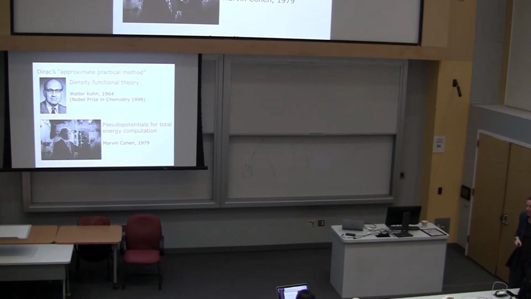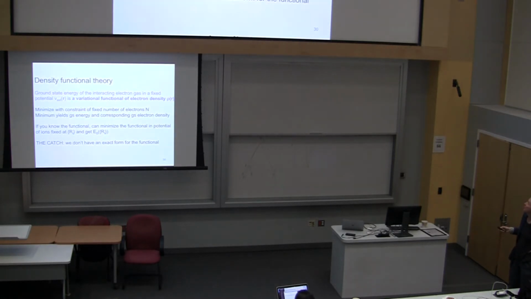Again, in a short time, I'm not going to explain the whole theory of this, but the idea of density functional theory was a really groundbreaking idea. It was that you could express the ground state energy of the interacting electron gas in a fixed potential, like the potential of nuclei, as a variational function of the electron density, just the electron density.